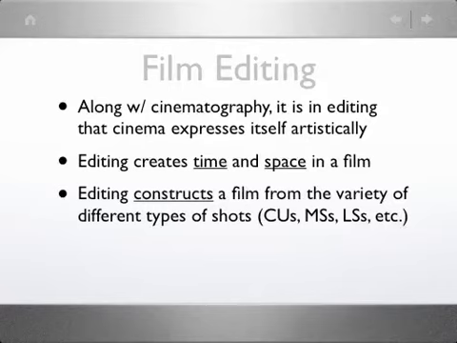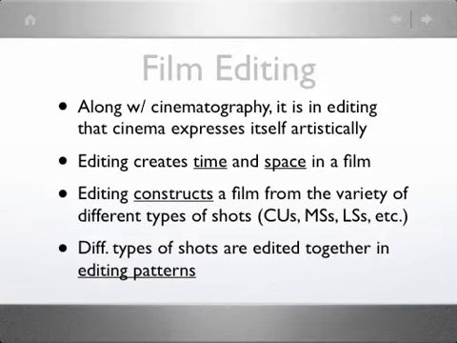As you probably realize, any individual film has in it lots of different close-ups as well as lots of different medium shots and long shots. And it is in the practice of film editing that all of these different types of shots in terms of subject camera distance are put together and construct the film as a whole.